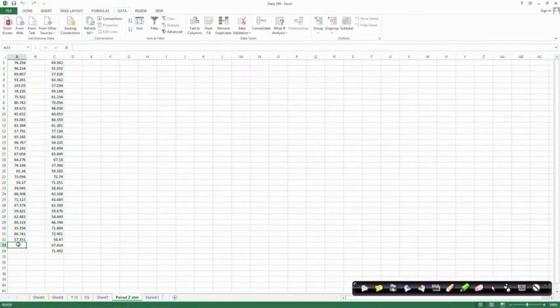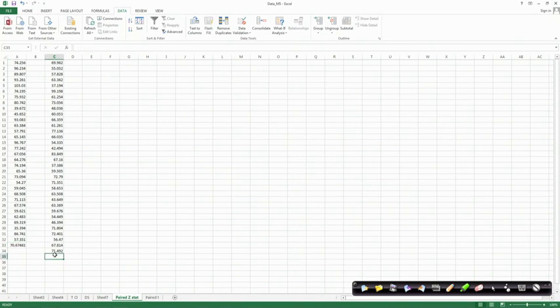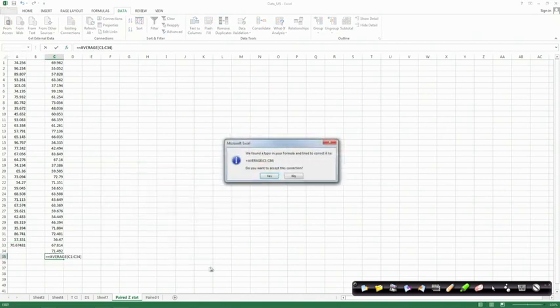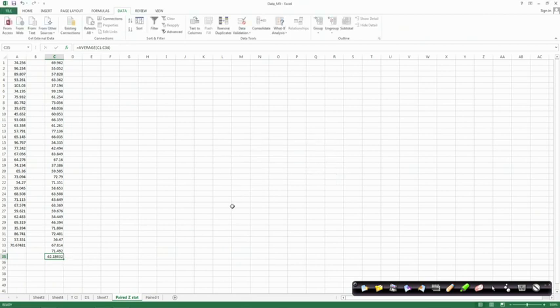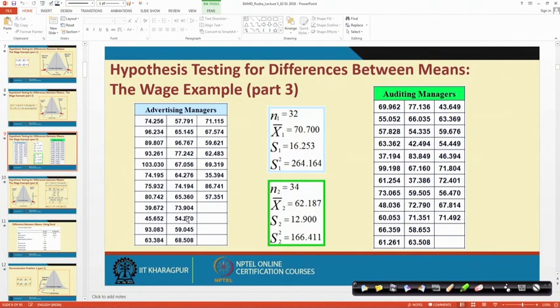you just report here, and if you go by manual calculation, you find out this average. The average will appear here, and again you put here the average of the second one. So this is coming 62, then corresponding to this problem, it is 70.7 here, and it is coming 62.12.